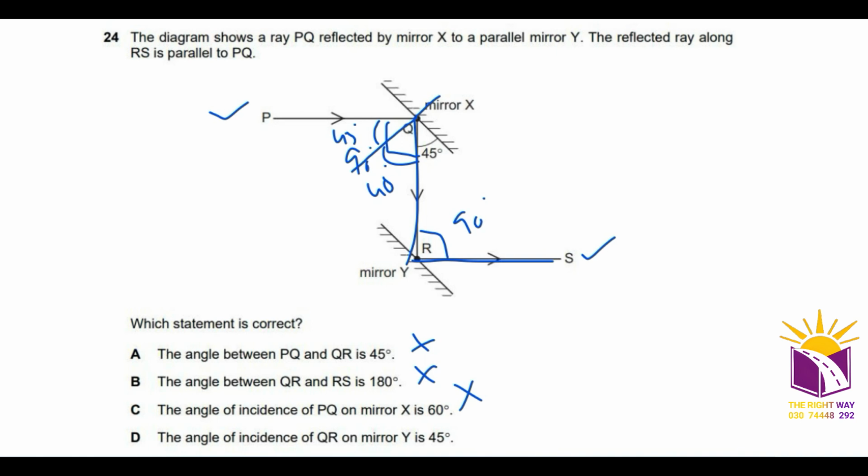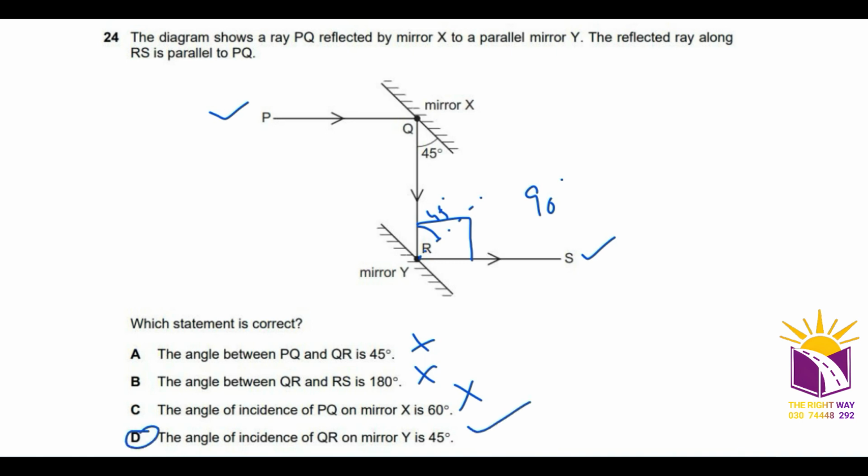The angle of incidence for QR, I am erasing this one so we could understand it easily. Is the angle of incidence of QR 45? Yes, if this is 45, then it will also be equal to 45. The angle of incidence is 45 degree because the angle of incidence and the angle of reflection add up to 90 degree and half of which is 45. So D is the right option.